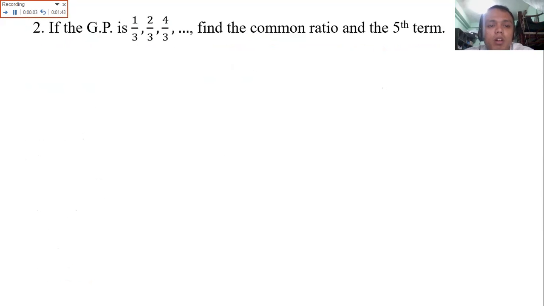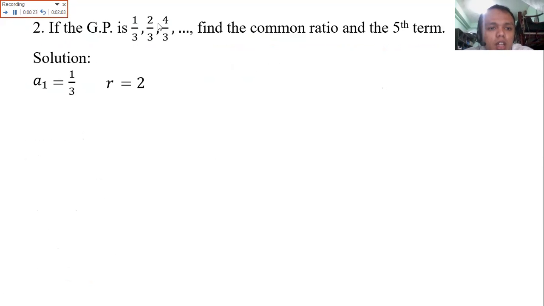If the geometric progression is 1/3, 2/3, 4/3, find the common ratio and the 5th term. So the common ratio and the 5th term are being asked. Again, we have a sub 1 equal to 1/3. R is 2. So how did R become 2?